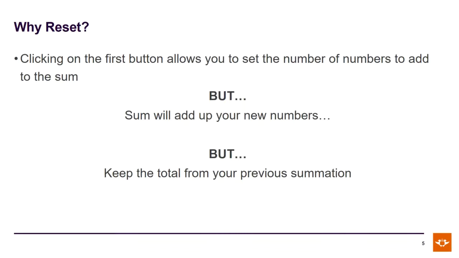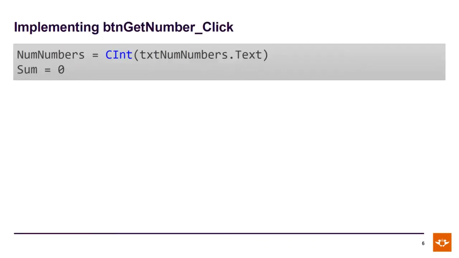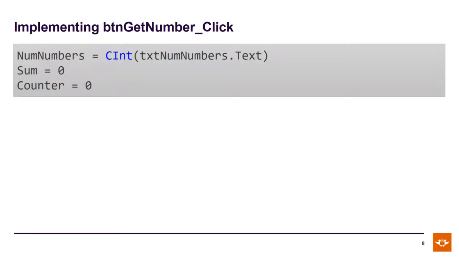So it keeps the total from your previous session, and the one thing we want to do is initialize sum to 0 at the same time when we set how many numbers we want to add. Does this make sense? Because we're starting a new fresh set of numbers to add. I want to add 5 numbers now. Set sum to 0, so we start afresh. That's easy, simple. All right.